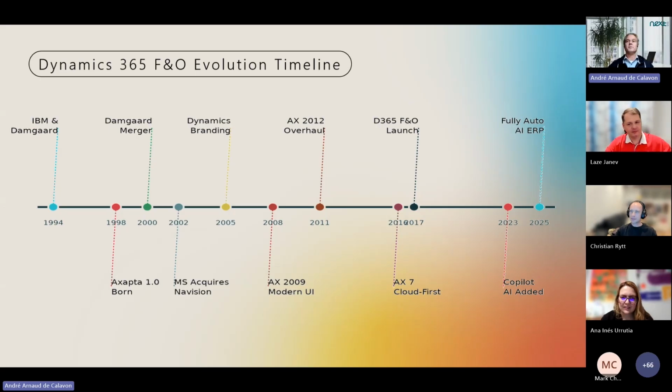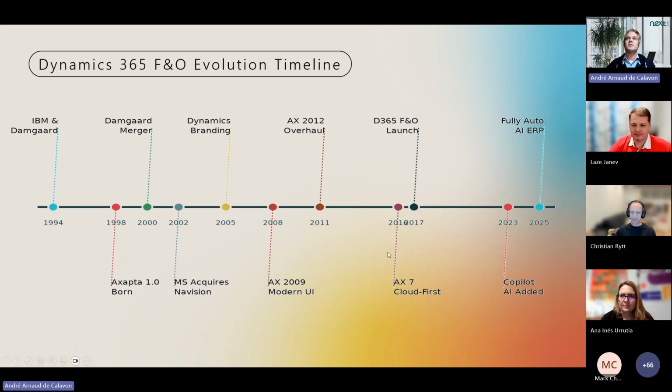But now, during the recent years, when Copilot got introduced, Microsoft thought we need to add AI capabilities into the ERP product. And that's what we will talk a bit about today and show a bit more.